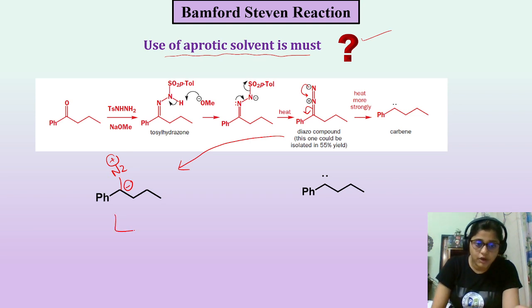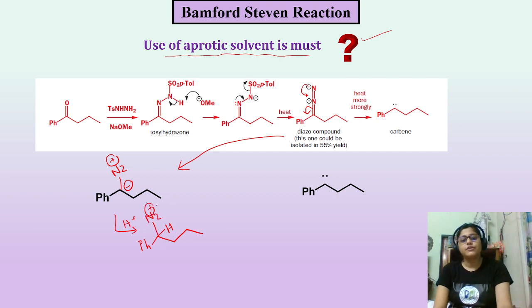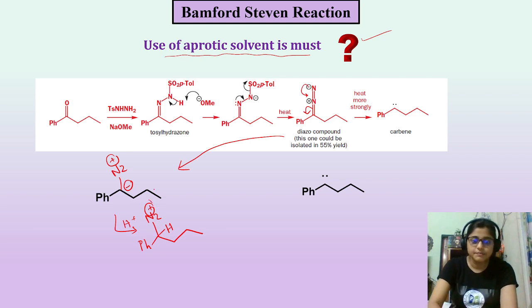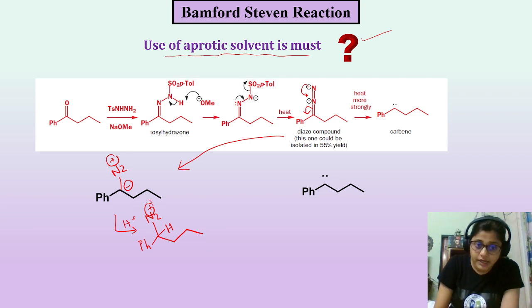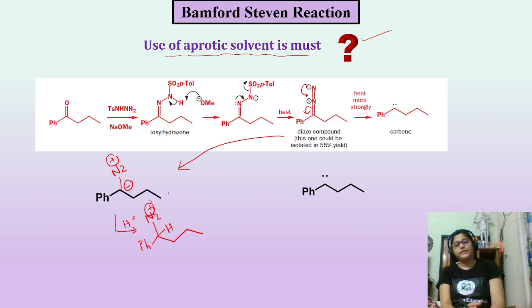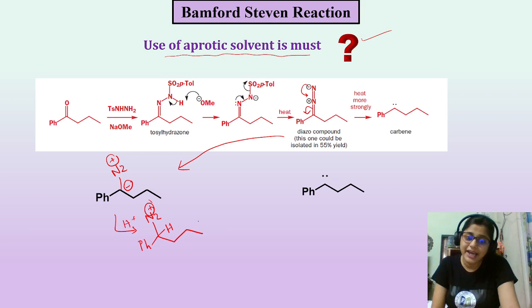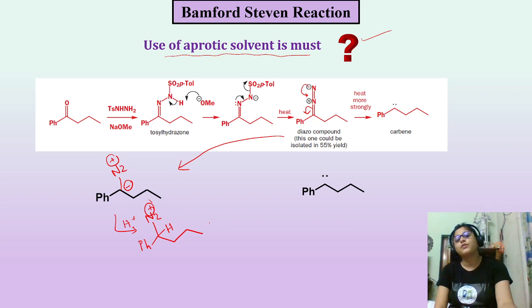But if protic solvent is present, here one H will be there and N2. After the heating also, the reactant is the same and the condition is the same, only the solvent condition is different, where only protic solvent is used. So how is it affecting the product formation?